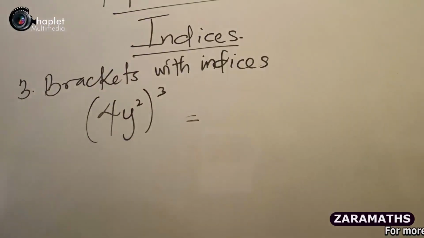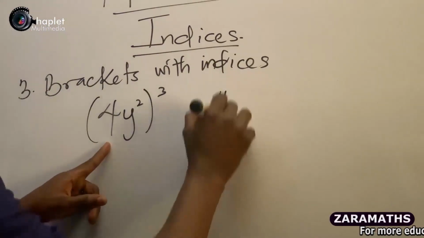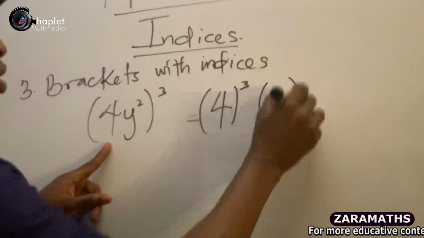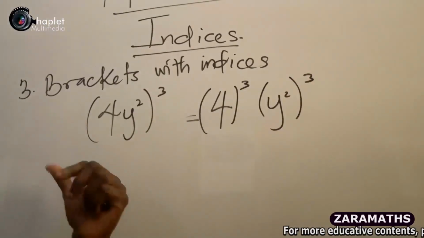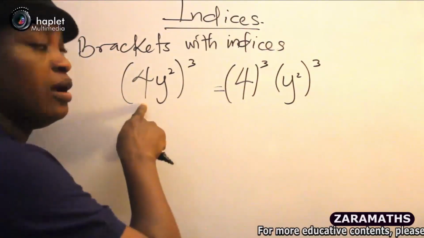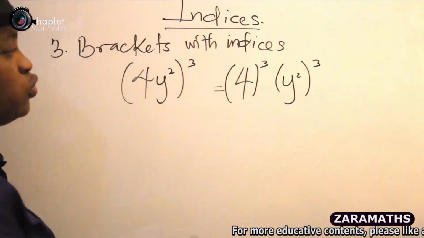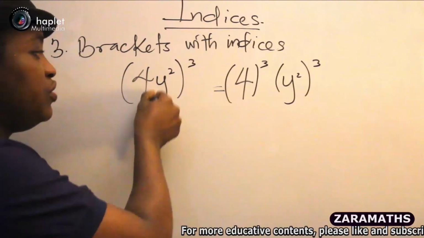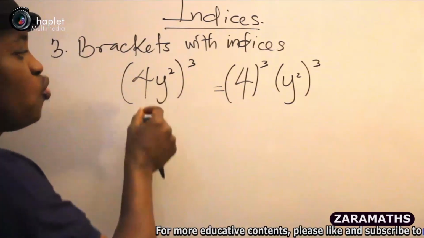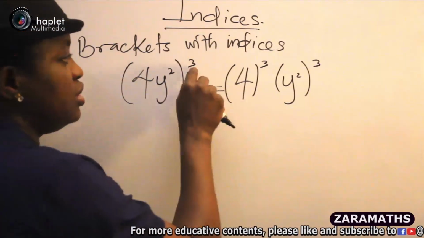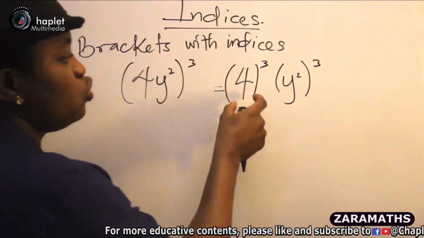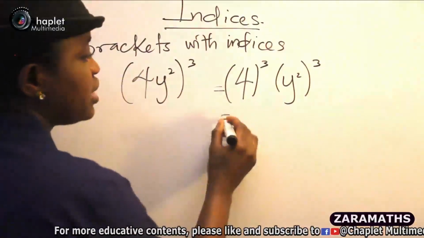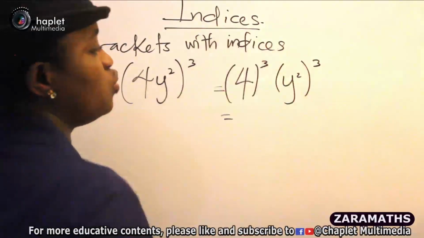So in this case, we will be having 4 raised to the power of 3, then y squared raised to the power of 3. Those previous ones, you assume that their coefficients are 1. So that is why it is not applicable. But in a case where the coefficient is greater than 1, you apply this power to the coefficient separately, then to the index separately.